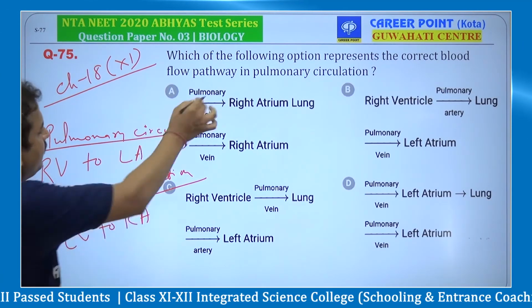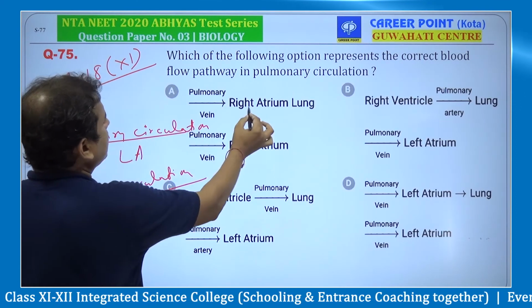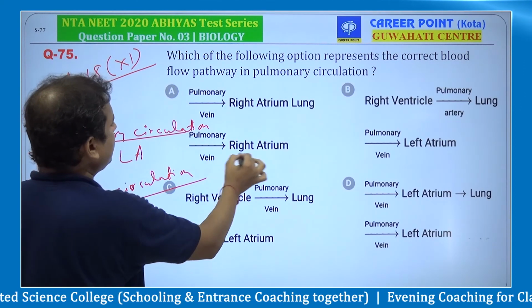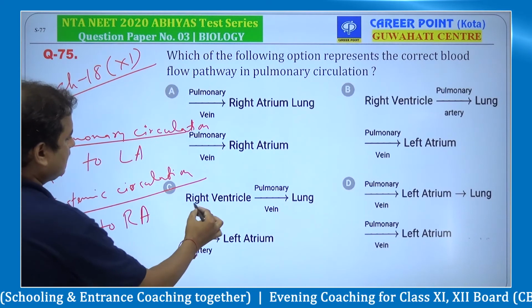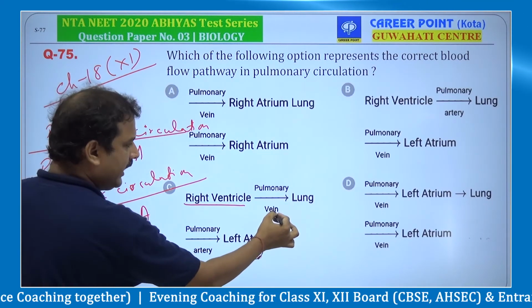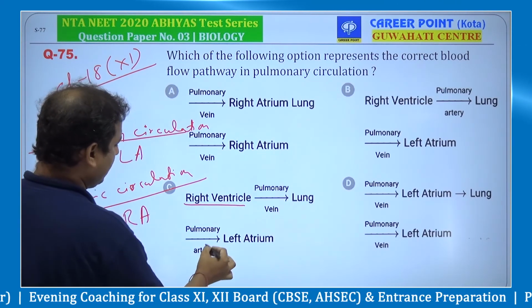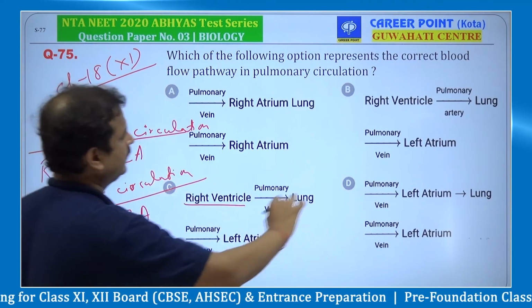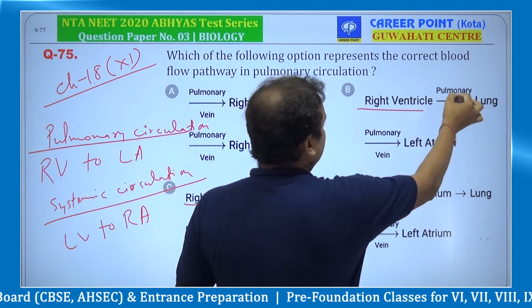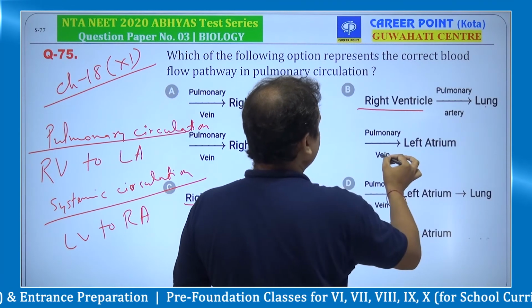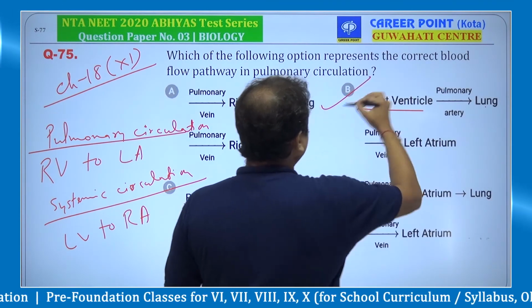Now observe the options. Pulmonary vein, right atrium, lung: no. Right ventricle, pulmonary vein, lung, pulmonary artery, left atrium: no. Right ventricle, pulmonary artery, lung, pulmonary vein, left atrium: yes, this is the answer.